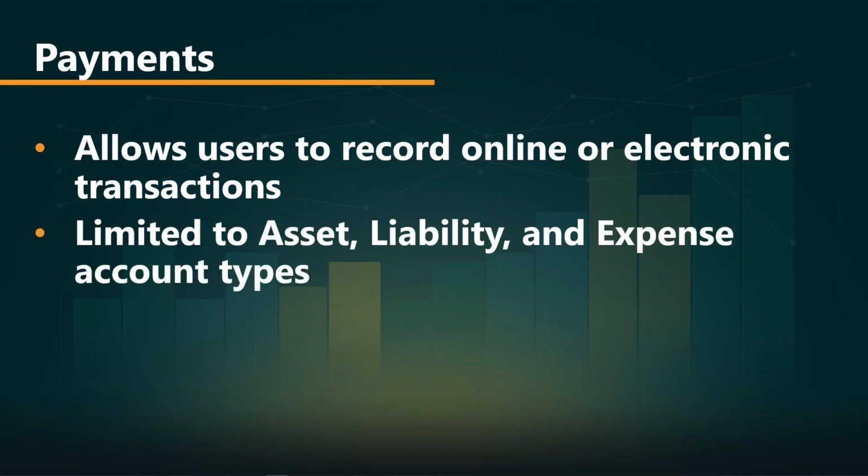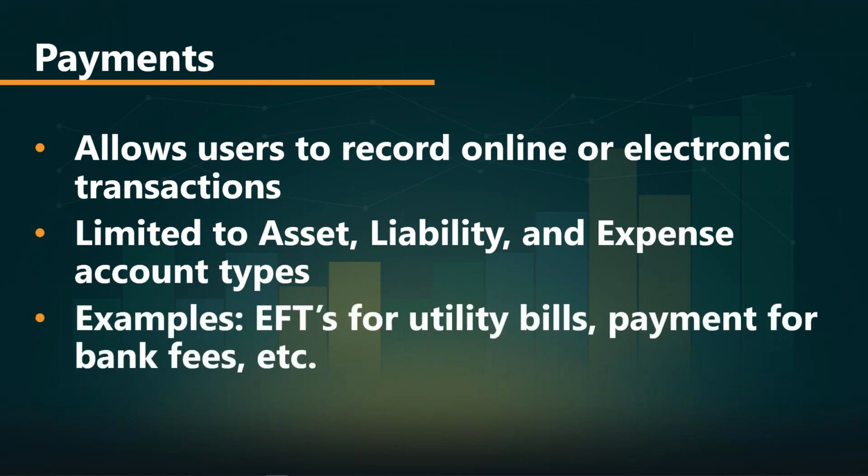Just like checks, they are limited to the asset, liability, and expense account types. Other examples are EFTs for utility bills or any sort of bank fees that you're paying straight to the bank, just things like that as well.